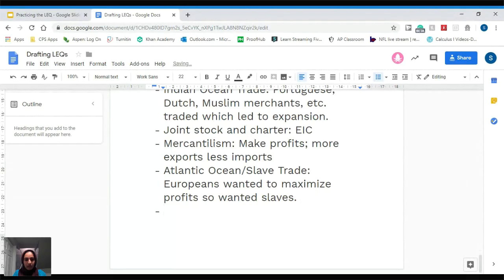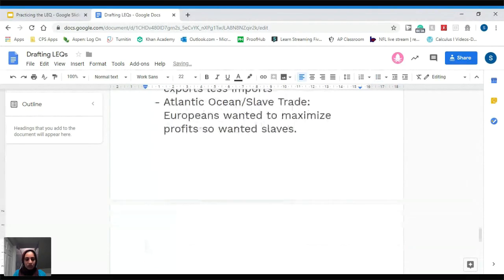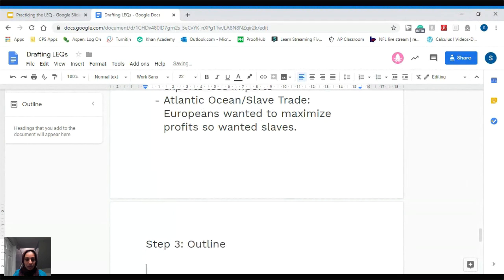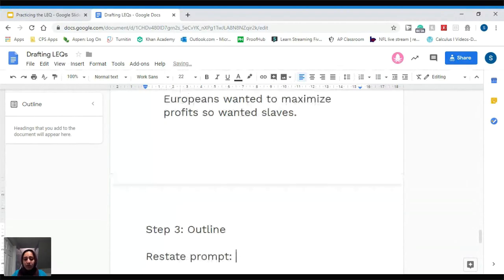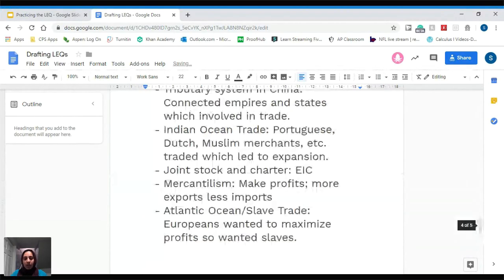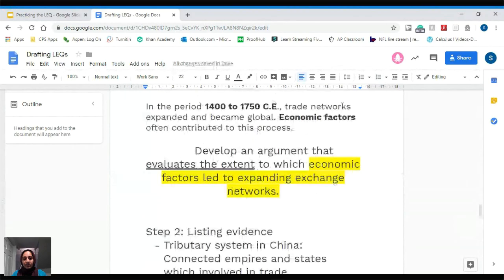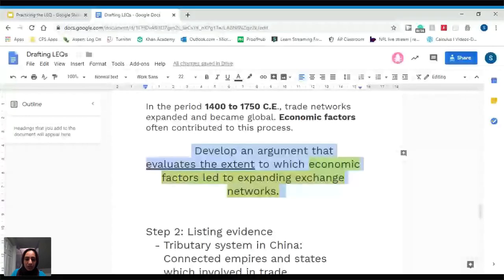So now what we want to do is make an outline. We're going to want to restate the prompt. And maybe you want to restate the prompt at the beginning before you do all this, so it makes it easier. This asks, develop an argument that evaluates the extent to which economic factors led to expanding exchange networks.